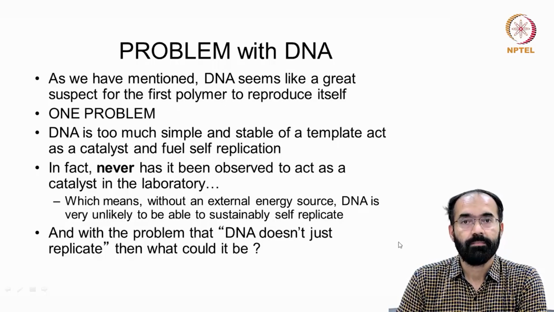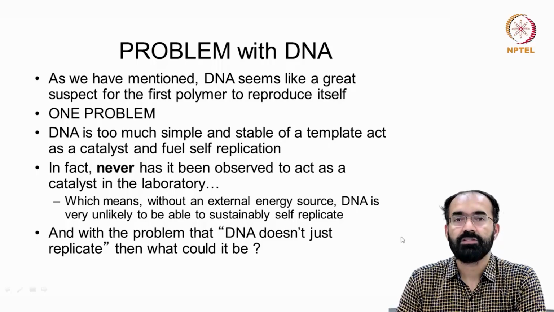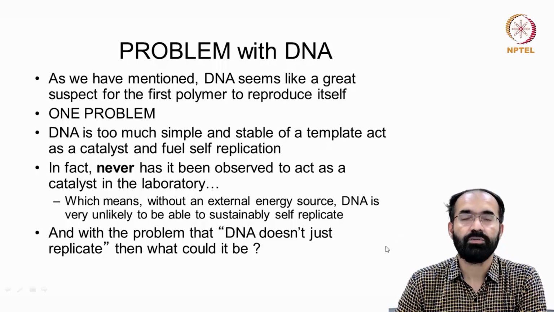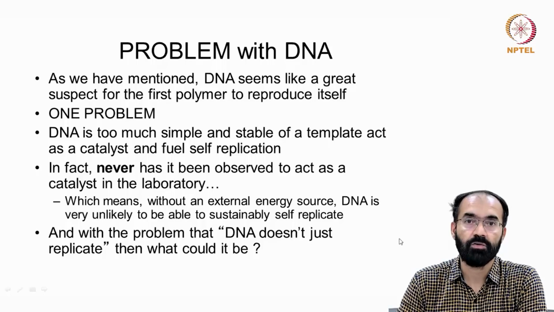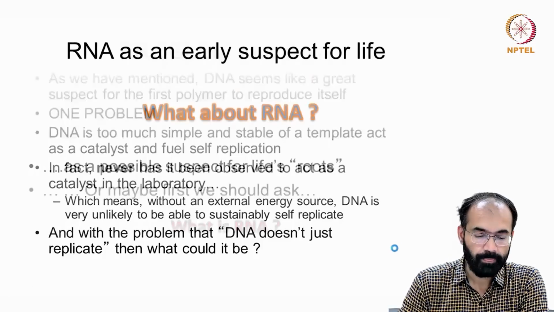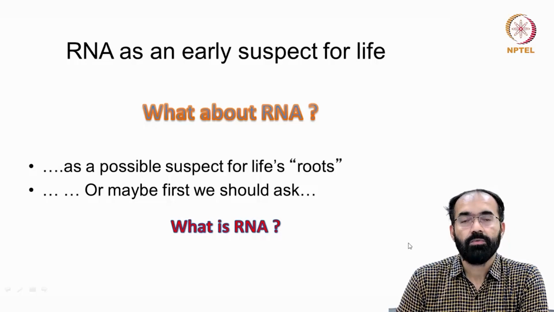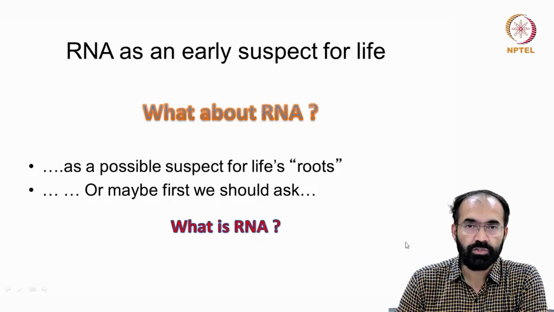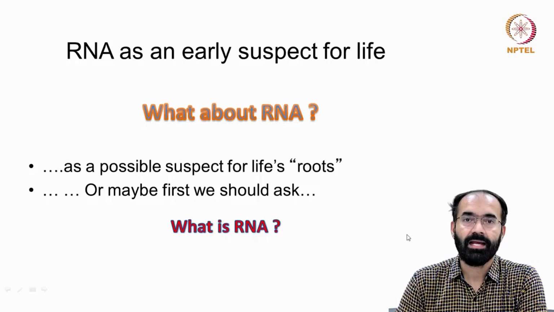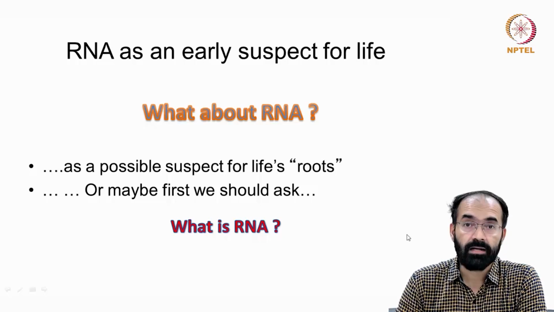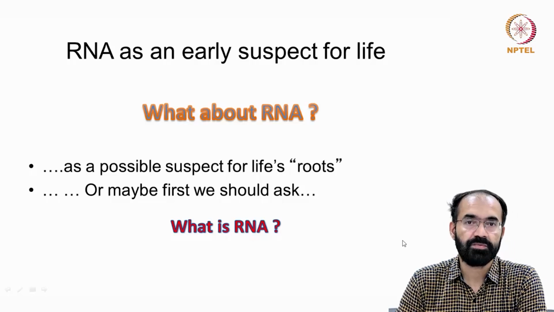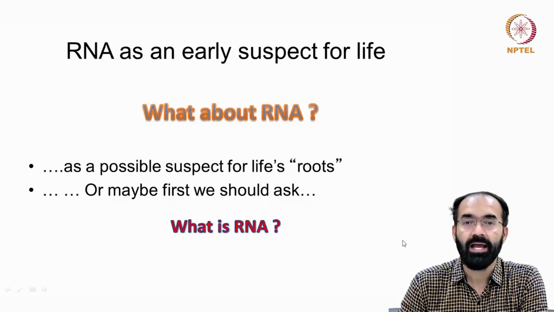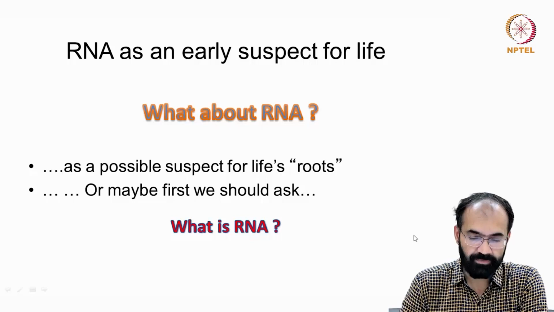Now let us see the circumstances in which RNA got converted into DNA as the storage house of genetic information. Based on the exclusion of DNA as a possible early molecule to start life on Earth, we should shift back to RNA as an early suspect for life.